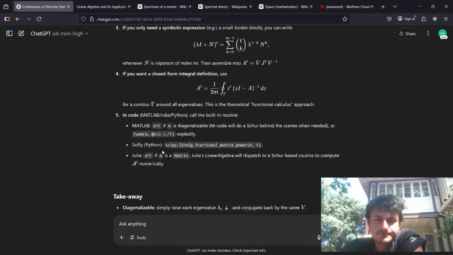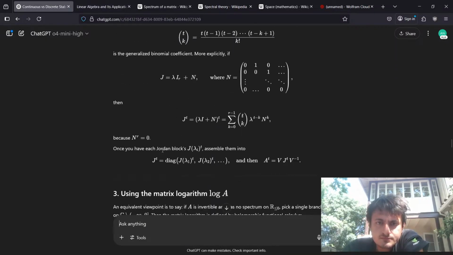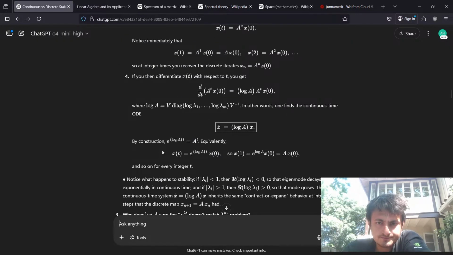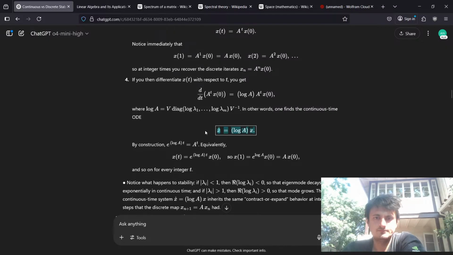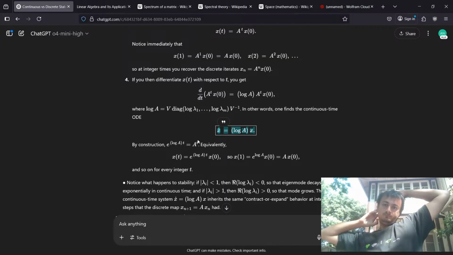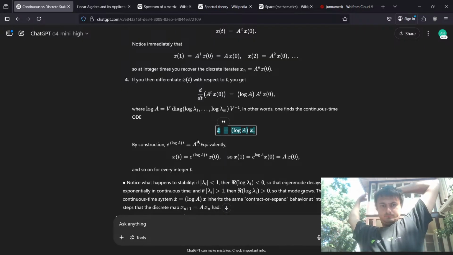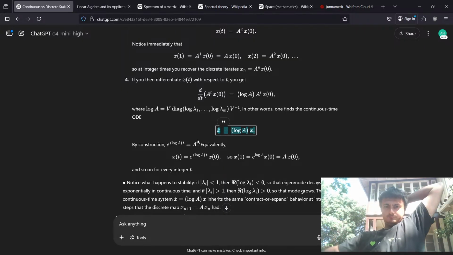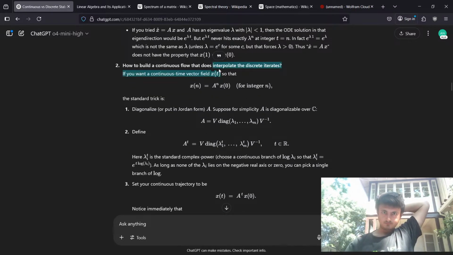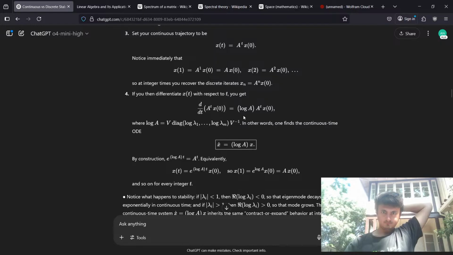Wait, hold on. This is how to compute the log. Really?